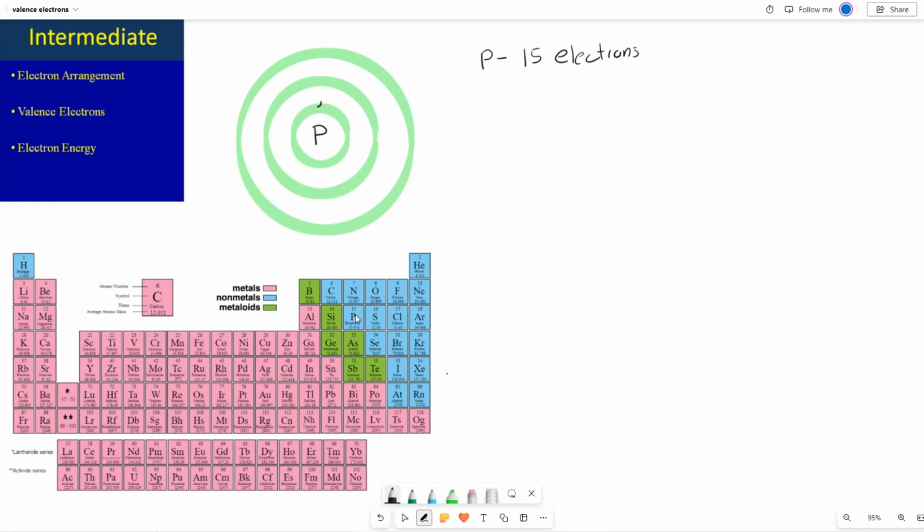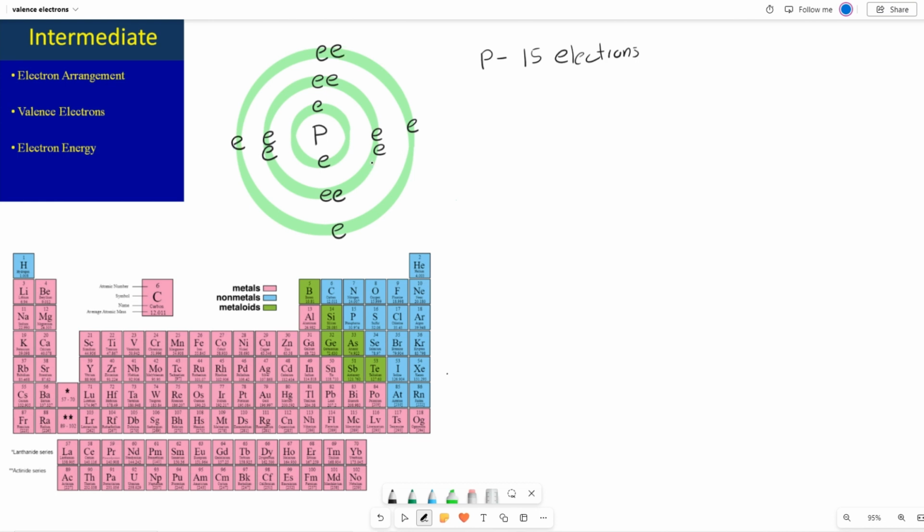Remember, the first shell can only hold 2, so we'll put 2 there. The second shell can hold 8, so we'll put 8 in there. And once we get done putting 8 in there, we have a total of 10 electrons. 2 in the first shell, 8 in the second. We have 5 left, so we'll put those last 5 in the third shell.